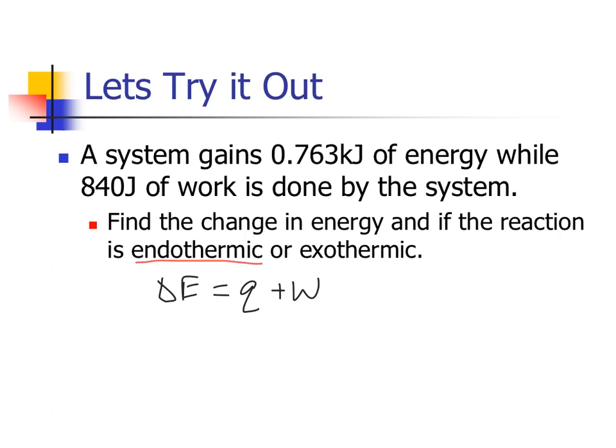And here we're going to utilize some things a little bit differently. The system gains, so it has an overall gain of 0.763 kilojoules, which is equal to, and this is where I don't know what my Q is in this case, while so much work is done by the system, and so therefore there is a loss of work.